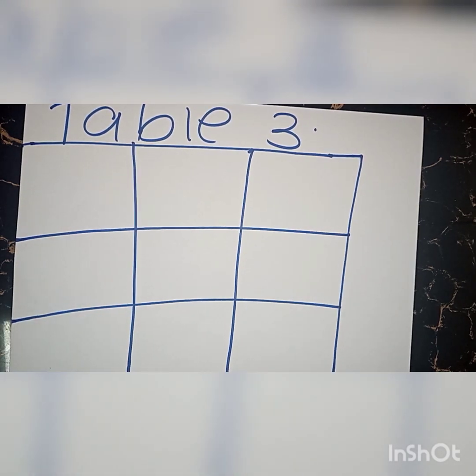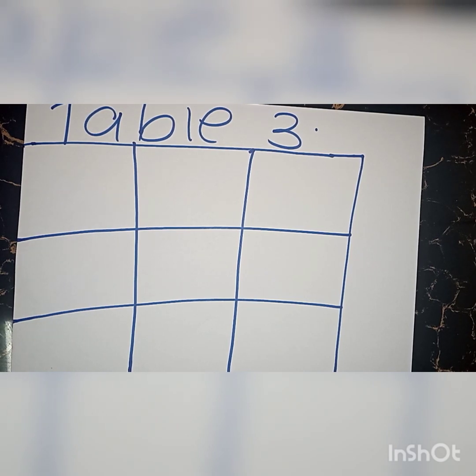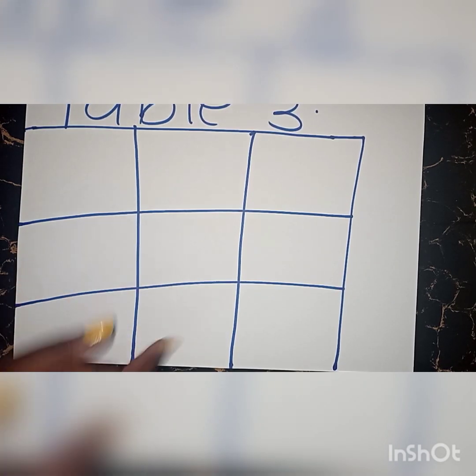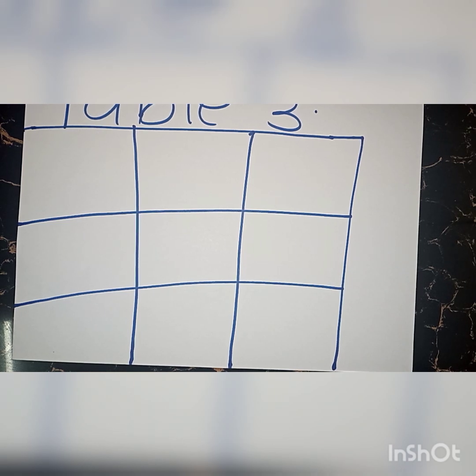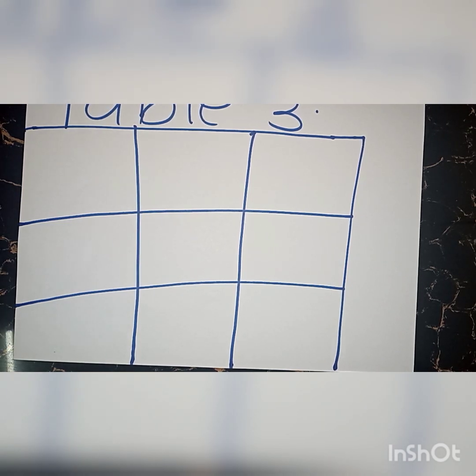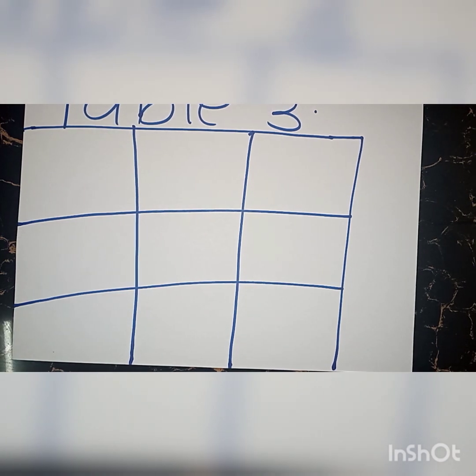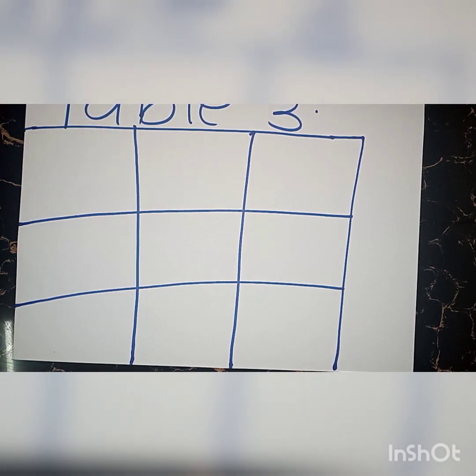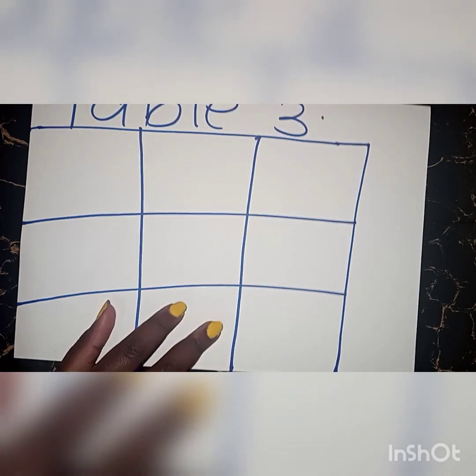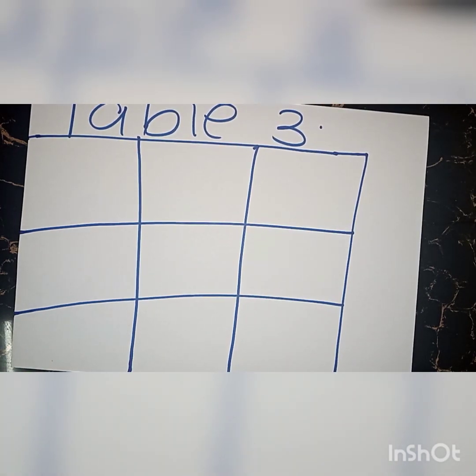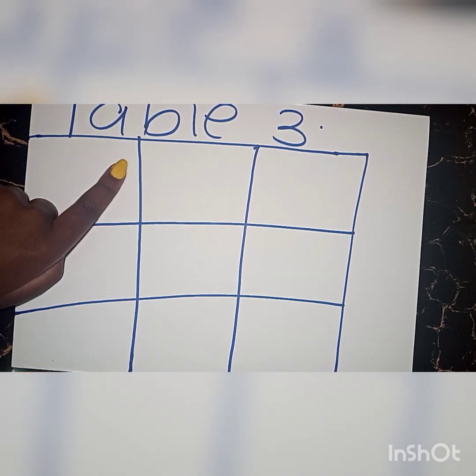So for table 3, we start by drawing a table that has 3 columns and 3 rows, like this. And for the digits in the ones place, we'll write all the numbers from 1 to 9 in ascending order. Ascending order just means from the smallest to the largest. And how do we do that? We start by writing these numbers from the box that's on the bottom, as you go up.